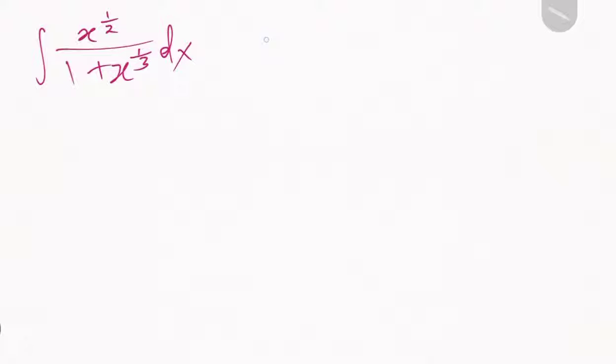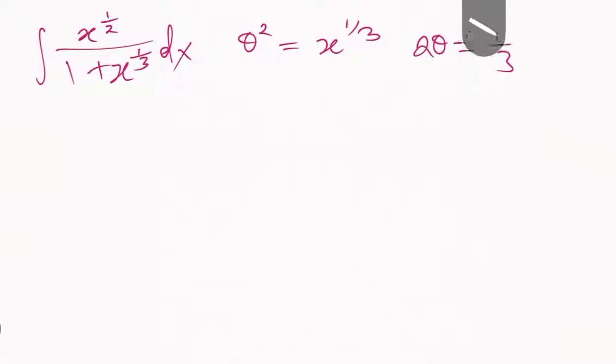So let's let theta squared equal x to the power of 1 over 3, such that if we differentiate this, we have 2 theta d theta.